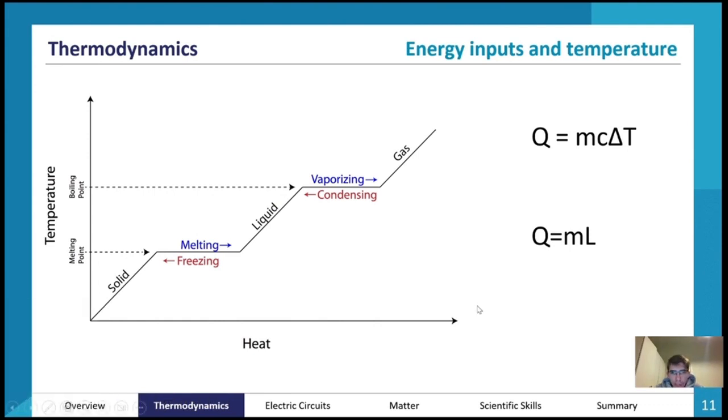The latent heat capacity is the amount of energy required to increase the energy of a gram of mass by 1 joule of energy.